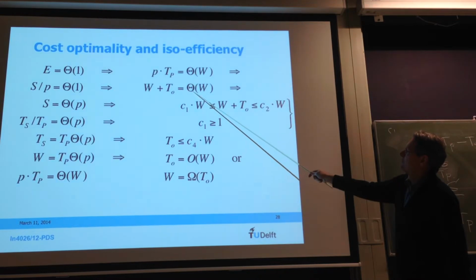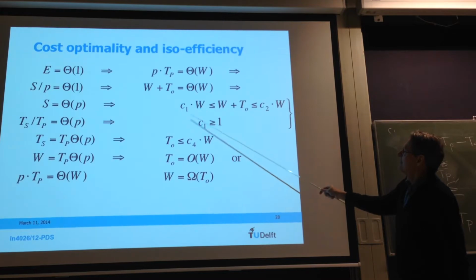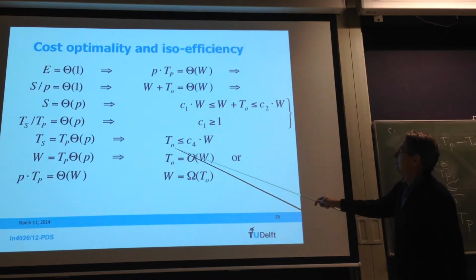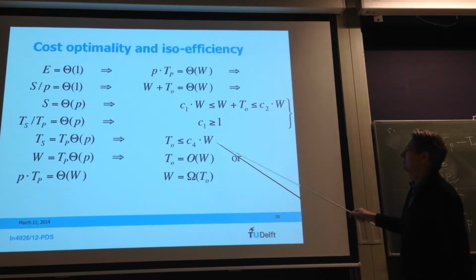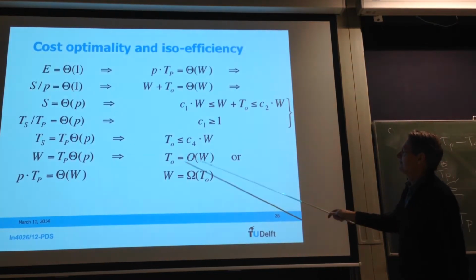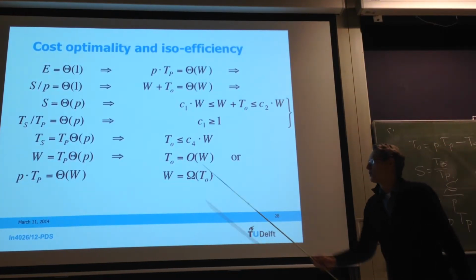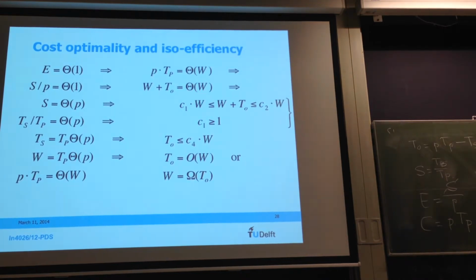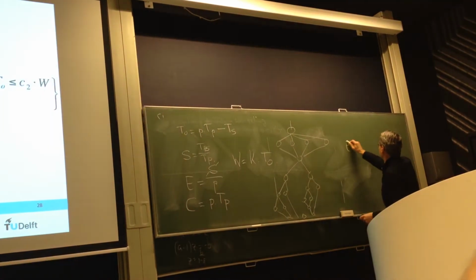We write out what the order symbol means, and then conclude that the overhead function must be smaller than a new constant times the workload. Meaning that the overhead must be upper bounded by the workload, or the workload be lower bounded by the overhead function. Which you could also originally see by looking at the original expression.